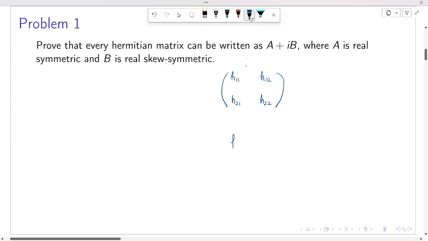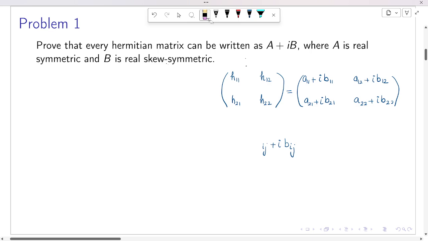Okay. Let us write Hij as Aij plus iota Bij. So this will be A11 plus iota B11, A12 plus iota B12, A21 plus iota B21 and A22 plus iota B22.